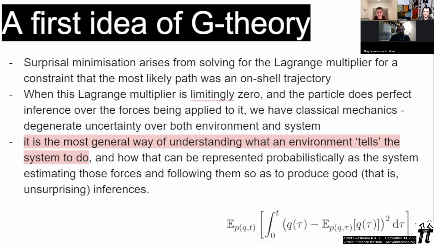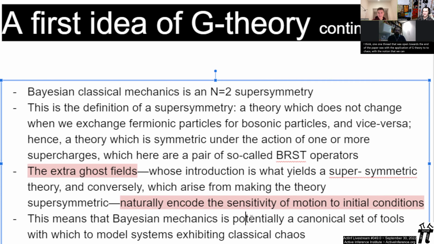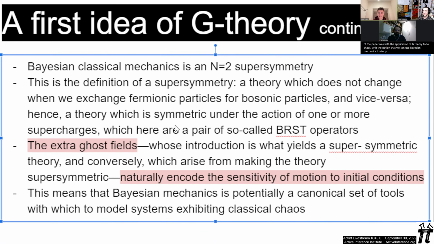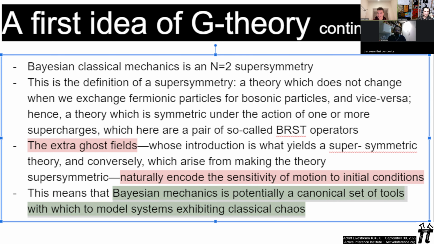I think one thread that was open towards the end of the paper was the application of G theory to chaos, with the notion that we can use Bayesian mechanics to study systems that are dependent on the initial conditions.